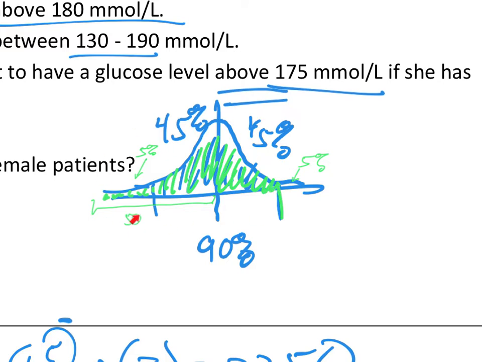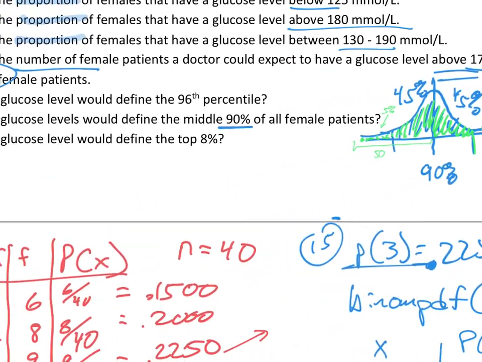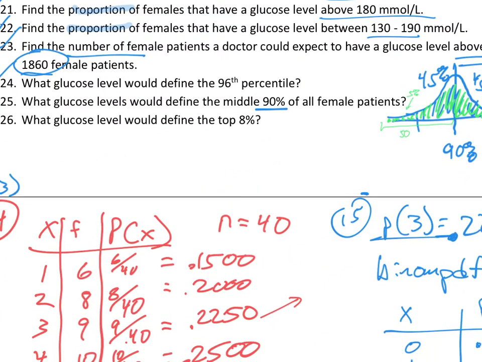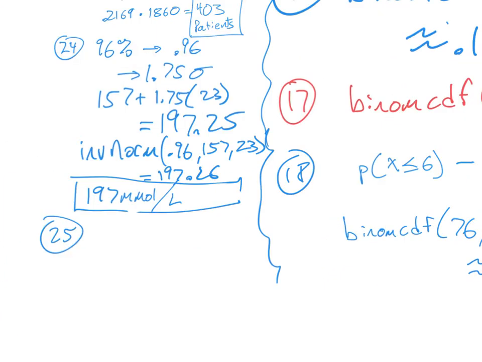We're going to find this number by doing inverse norm of 95% and this number by doing inverse norm of 5%. So we're going to get a lower and an upper range. Okay, so we're going to do inverse norm of 95.